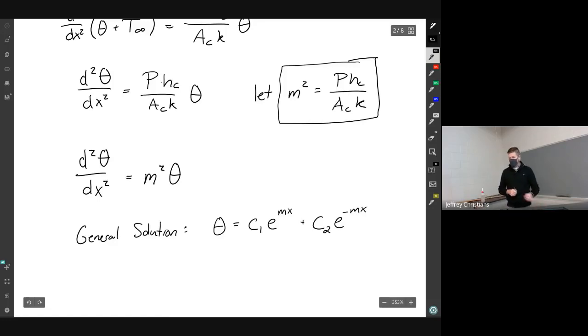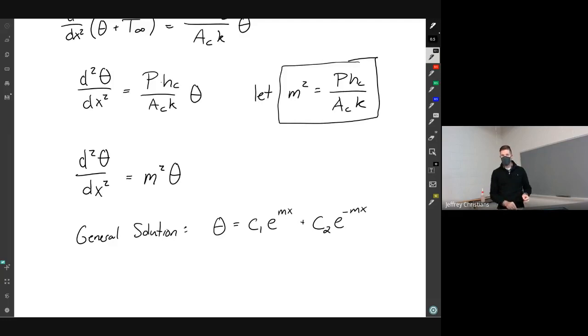Both e to the mx and e to the minus mx work because you're doing the second derivative. For the first part, m comes down one time, then the second time m comes down again, and you get c1 m squared e to the mx. For the second part, same thing.